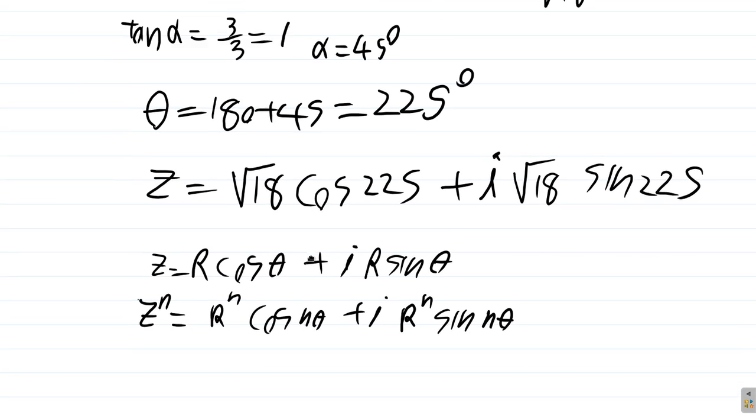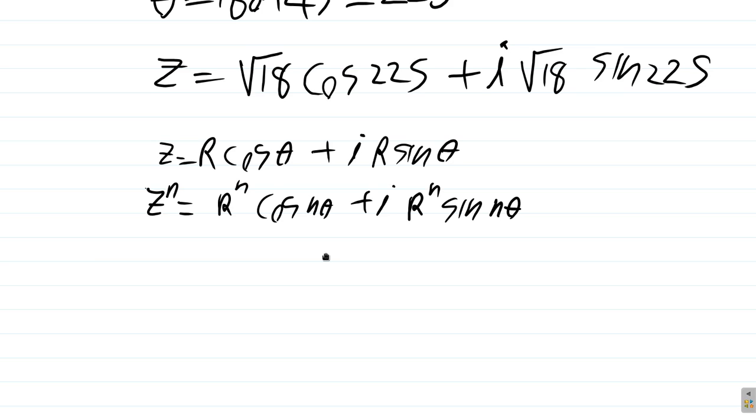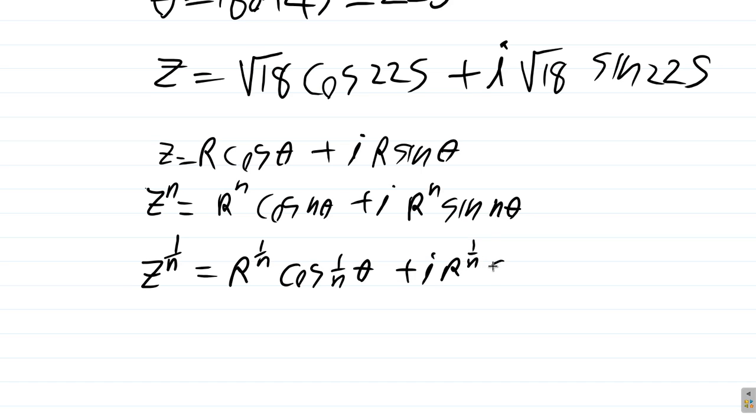But the thing is, when you raise a number to a fraction, the top or the numerator gives you the power, and the bottom, the denominator, I mean, gives you the root. So if you say z to the power of 1 over n, which would be r to the 1 over n cos 1 over n theta plus i r to the 1 over n sine 1 over n theta.